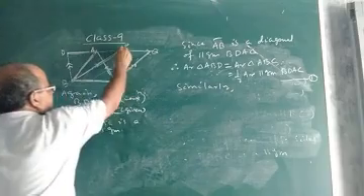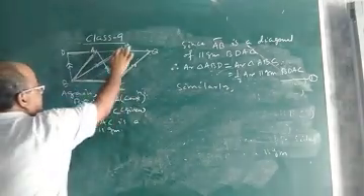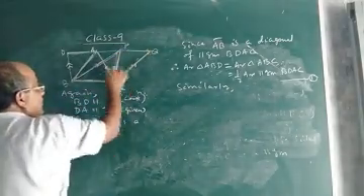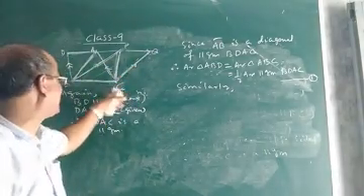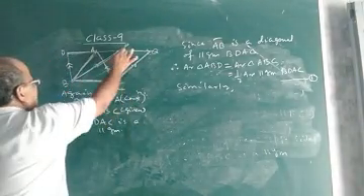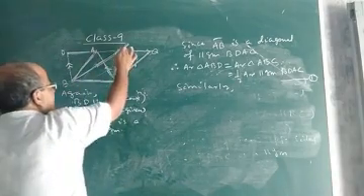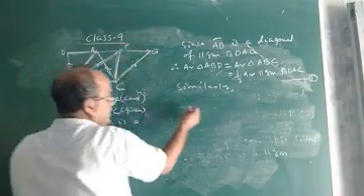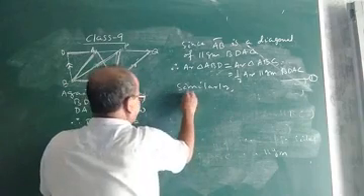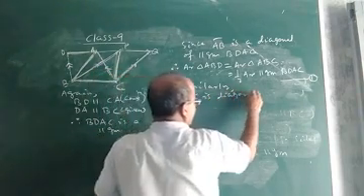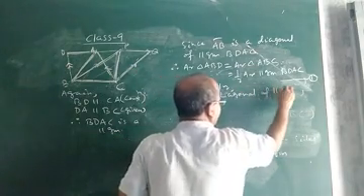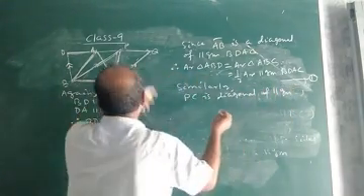Since PC is a diagonal of parallelogram BPQC, it will divide the parallelogram BPQC into two triangles of equal area. That means area of triangle PBC will be equal to area of triangle PQC.